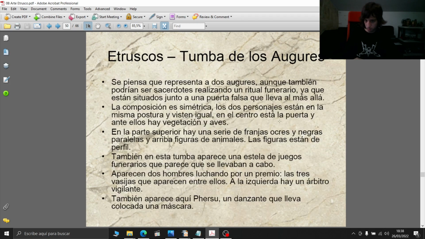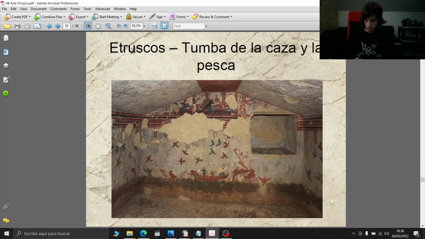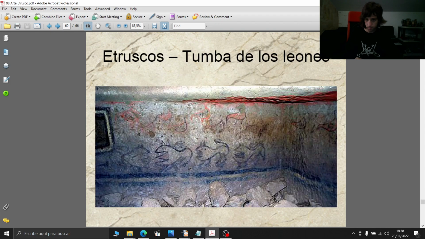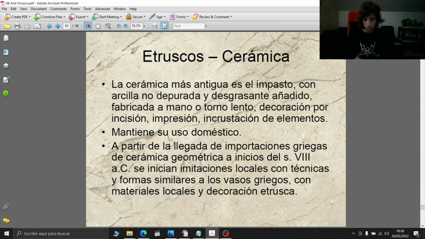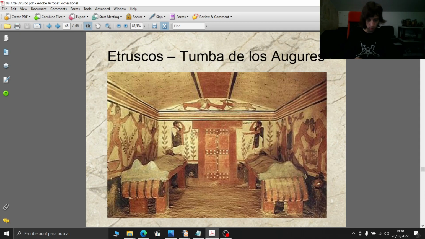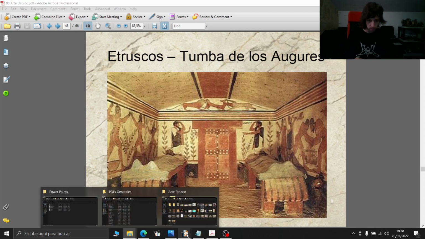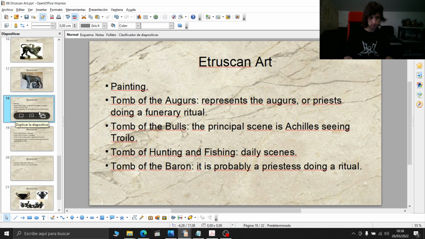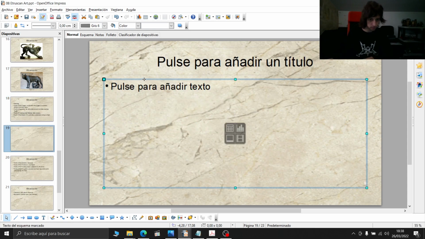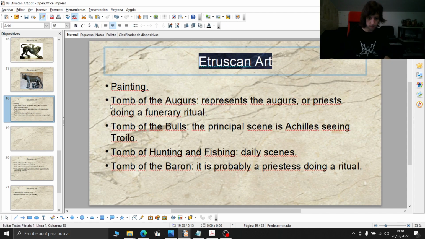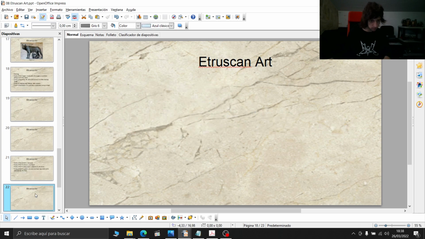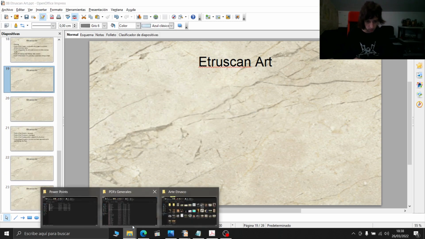So these are the tombs. I'm not going to add pictures of all of them, just a few. I add this just in case, but let's see.